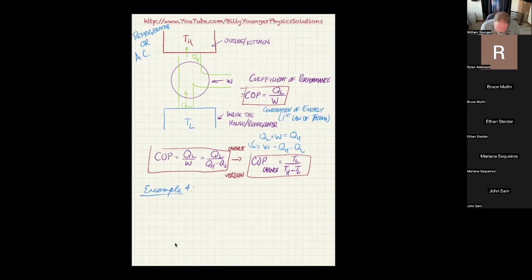So example 4, a freezer unit has a coefficient of performance of 3.0 and uses 300 watts of power.